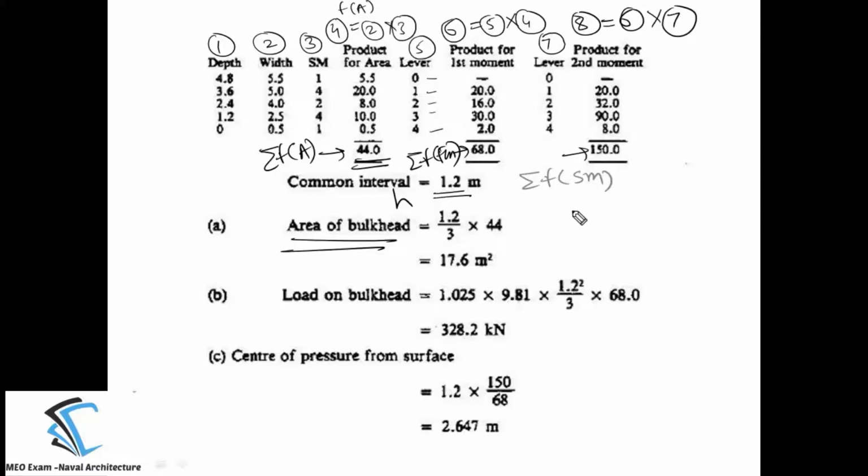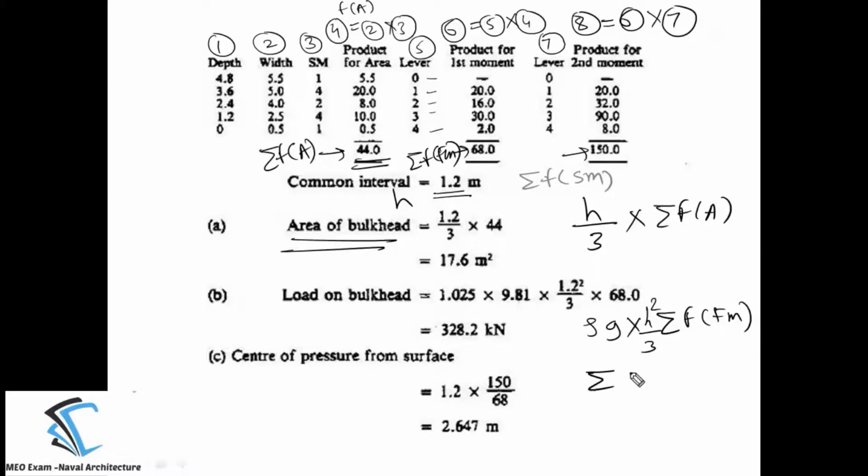The area of the bulkhead will again be the same formula, h by 3 into the summation of the function of area. The load acting on the bulkhead is rho g into h square by 3 into the summation of the function of first moment, and the center of pressure will be the summation of second moment into h divided by the summation of the function of first moment.